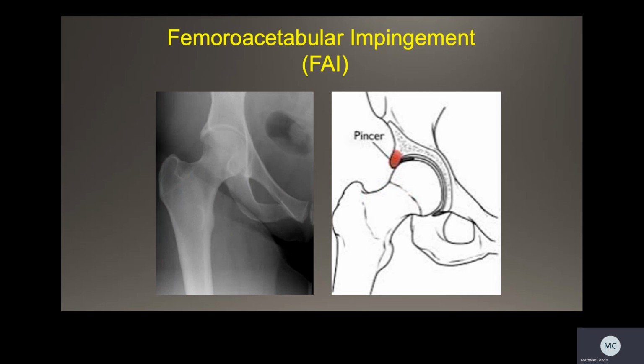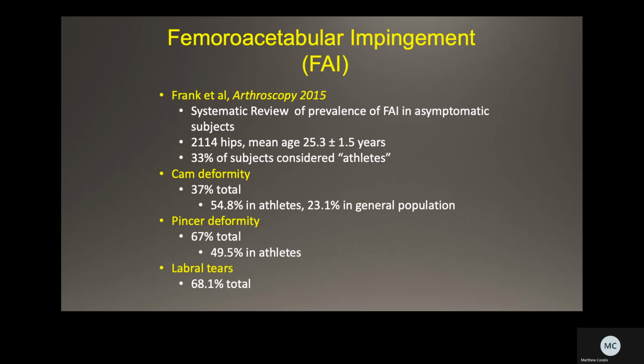With pincer impingement, the acetabulum is going to come out like a couple claws or a couple pincers, and that's going to kind of hug, for lack of a better term, around the femoral head. Femoroacetabular impingement actually happens quite a bit in athletes. What we have seen is that 33% of the subjects that have FAI consider themselves athletic, right? So there's quite a bit of these.